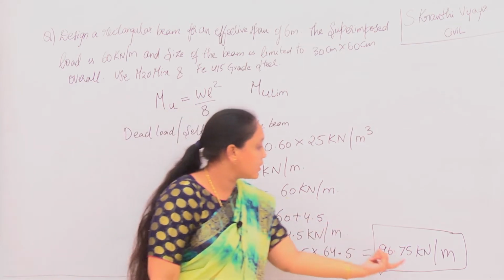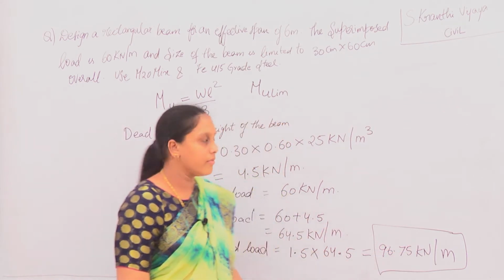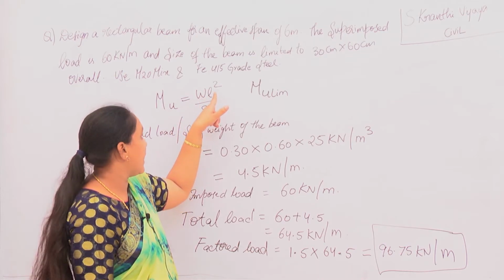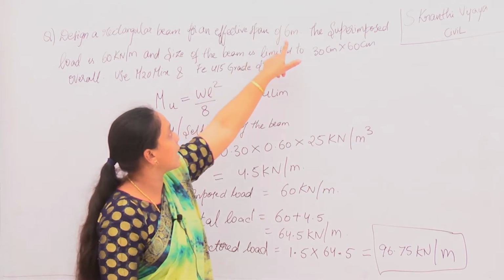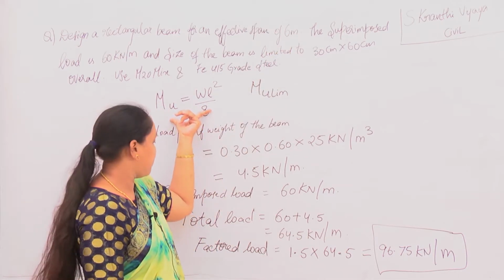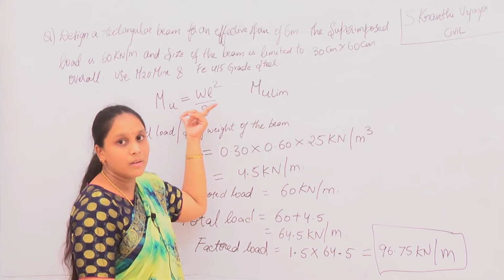Now substitute this value of 96.75 kilonewton per meter in the load here, and the span L is given, which is nothing but 6 meters. We can find out the factored bending moment.